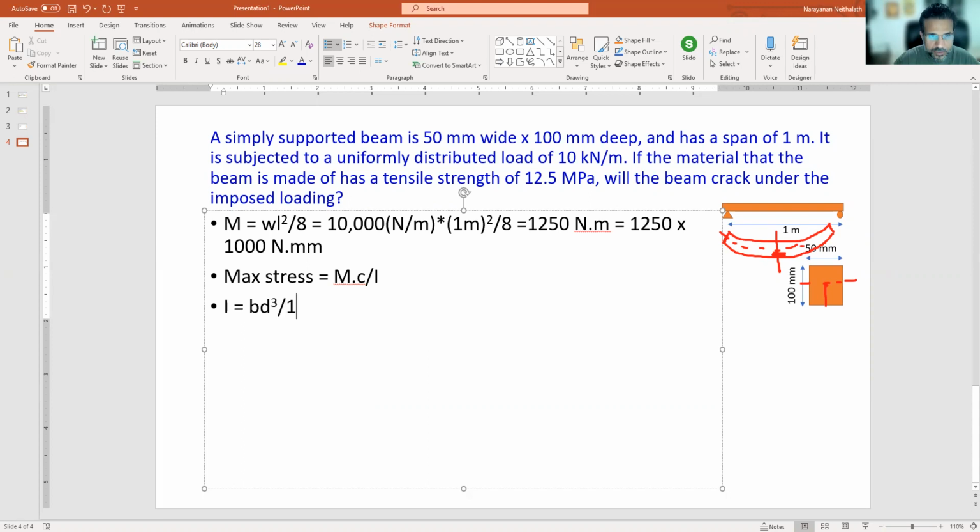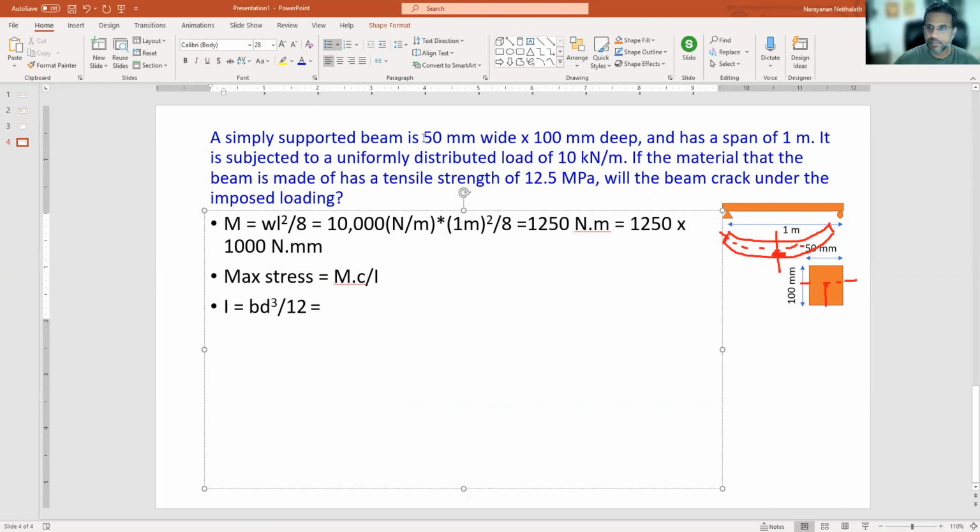You should have done the derivations for this in your deformable solids class. You should be able to calculate the centroids and moments of inertia of a lot of different types of sections that you need. But simply, you should also know that for a rectangular section, the moment of inertia is about its own centroidal axis. Again, moment of inertia is different based on where you take it. Here we are taking it about its own centroidal axis. It's B d cube over 12.